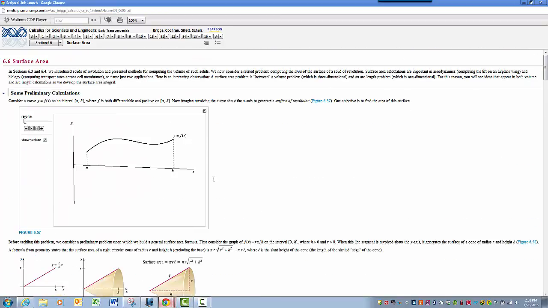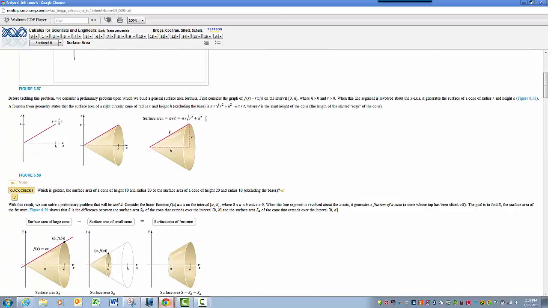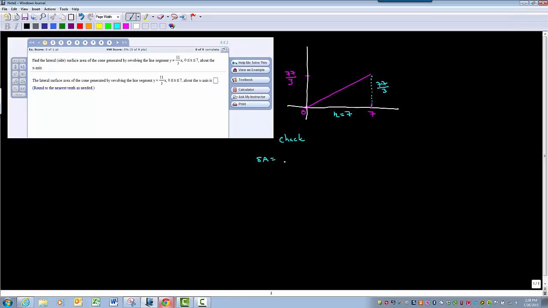It's pi times r times L. So that's going to be equal to pi times r times L, where L is the square root of 49 plus 77 thirds squared.